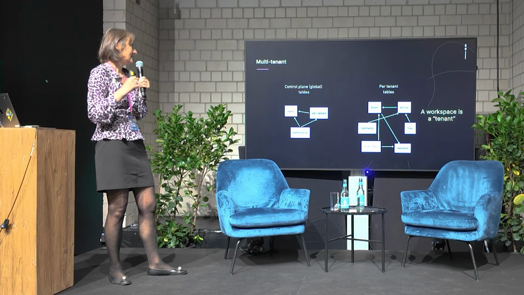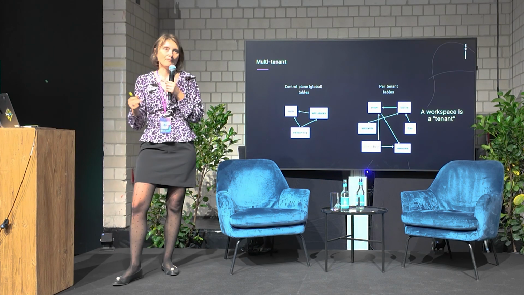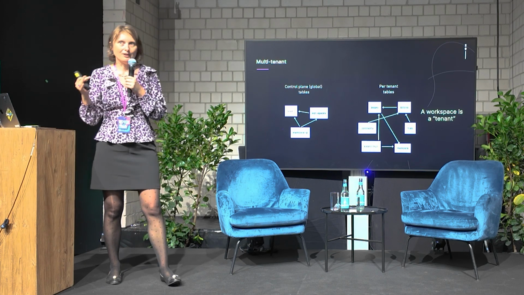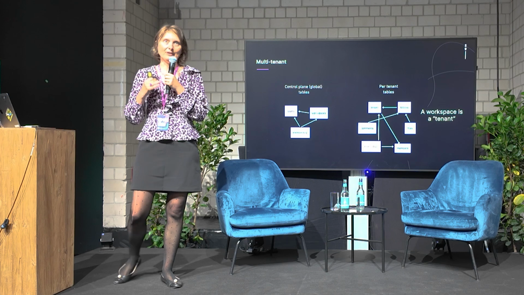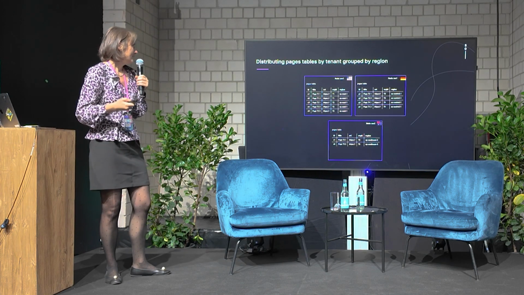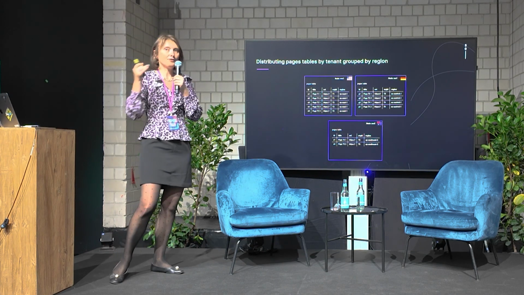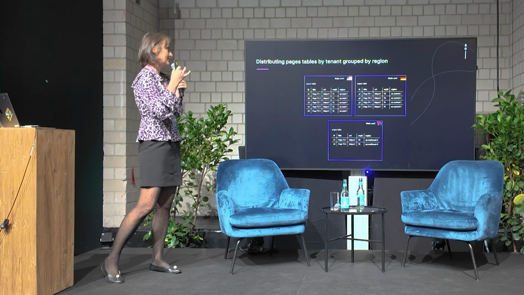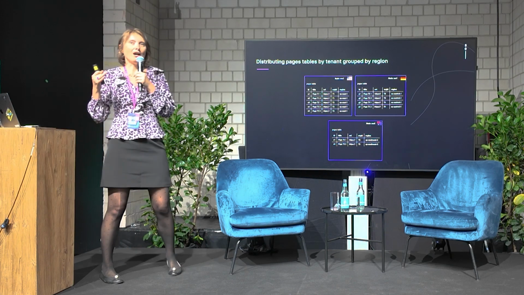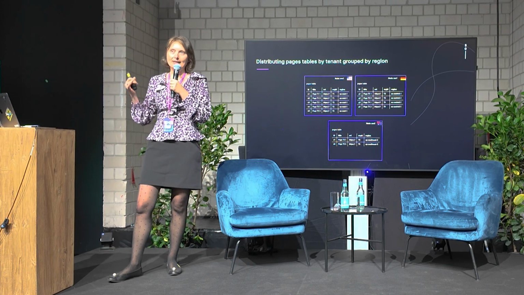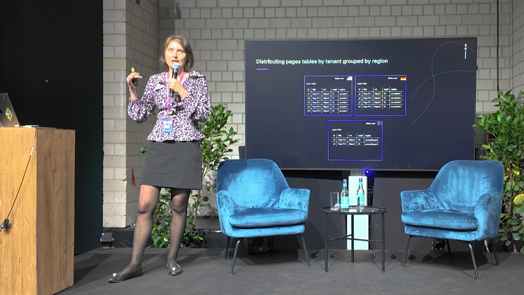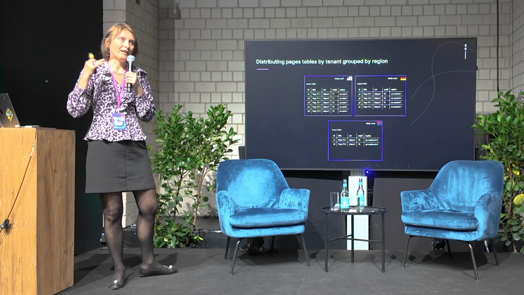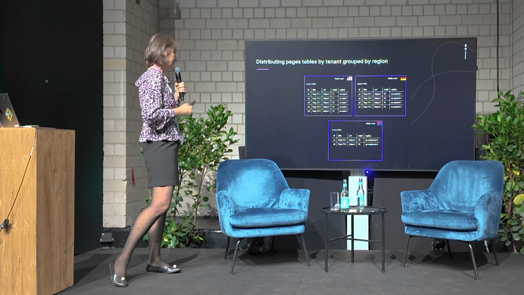And the rest of the data tables, like users, that tell about the workspaces, the members, and so on, can be global because usually the user is not accessing that type of data so often. So in the end, if we distribute the tables using the tenant and group by region, we'll get all the data tables for a workspace. For the user in Sydney, we're going to get them in the Australia region, for example.